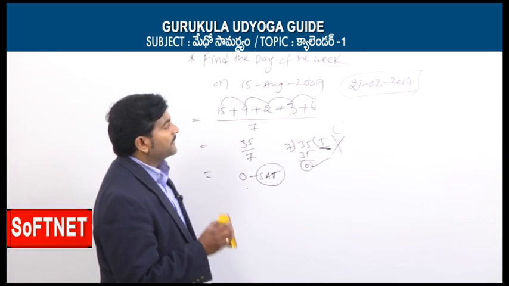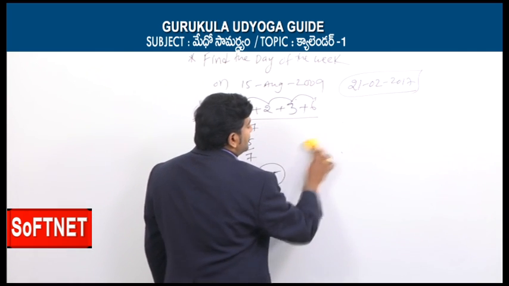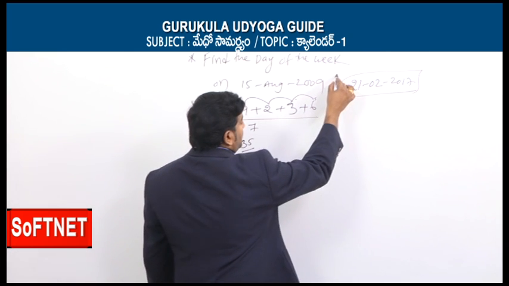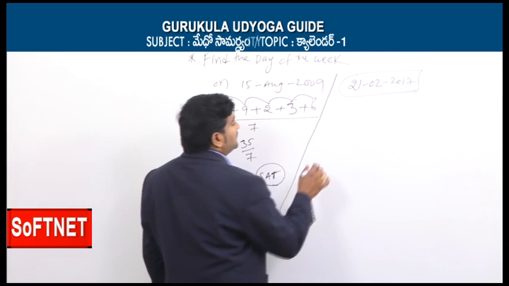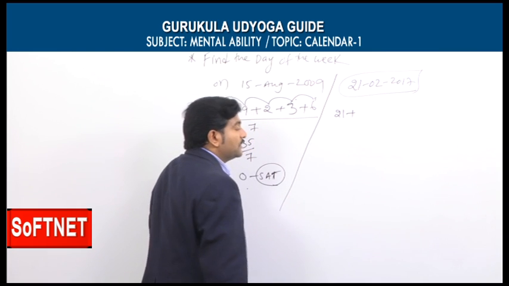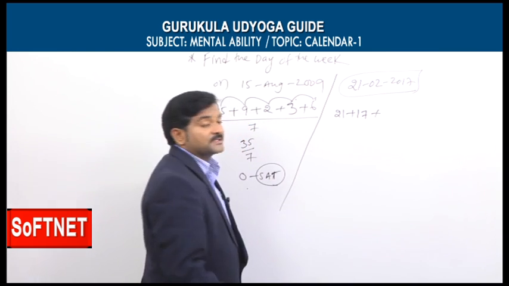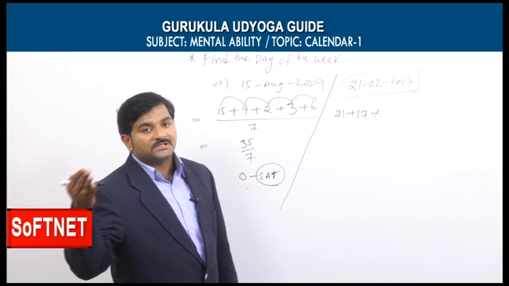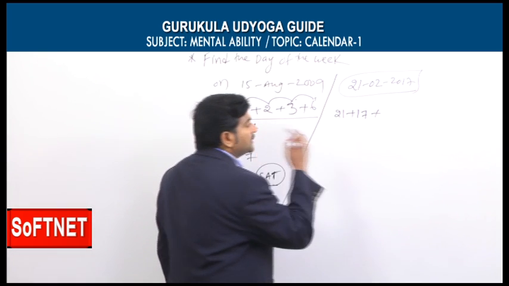Now we will find out the day for that date. The procedure is the same. We need to find out the number of years, number of leap years, century code, month code, and so on. First of all, how much date is given? 21. Okay, no issue. How many years are given? 17. Okay, no issue. In 17 years, how many leap years do we have? 4 4s are 16, so my quotient is 4.